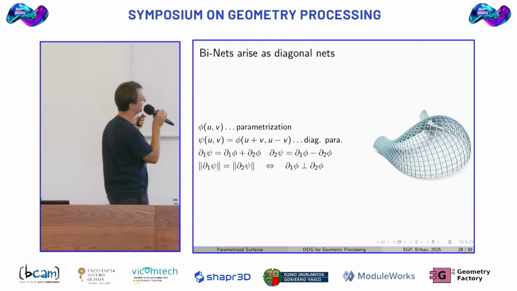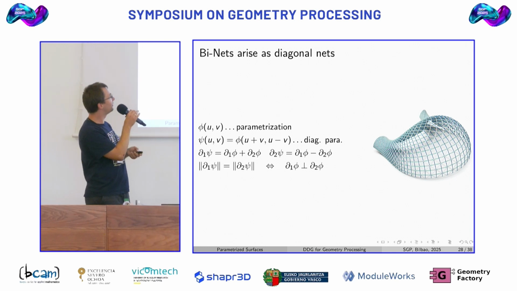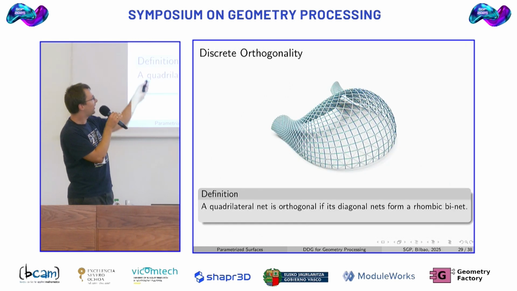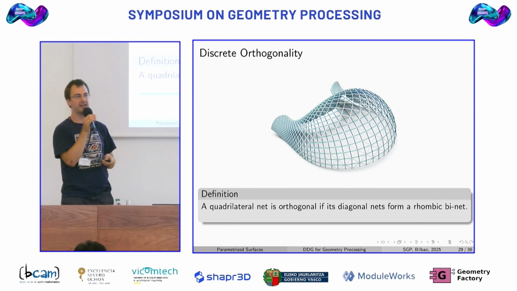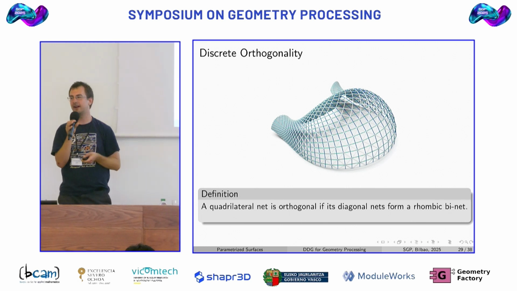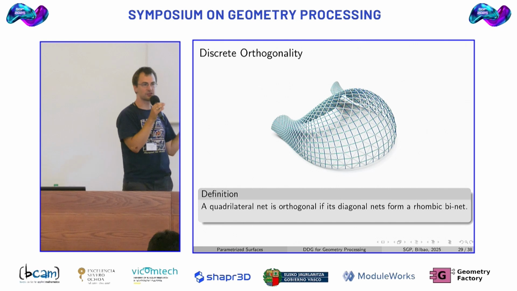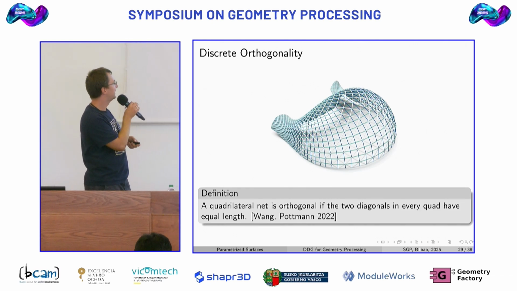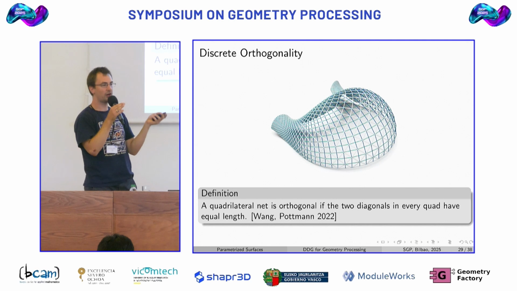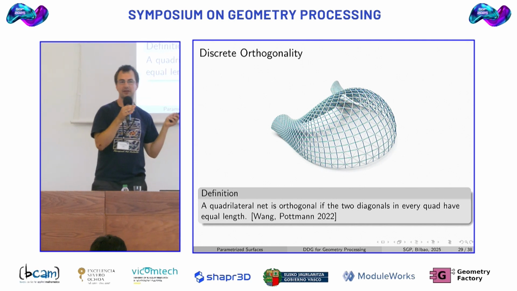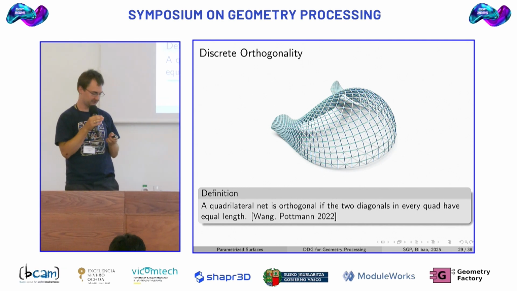So we can do the following trick. We say, okay, our initial mesh, so now this white mesh, is orthogonal if the corresponding binet defined via its diagonals is rhombic. And basically this boils down to saying, okay, in every quad, we want the diagonals to be of equal length.